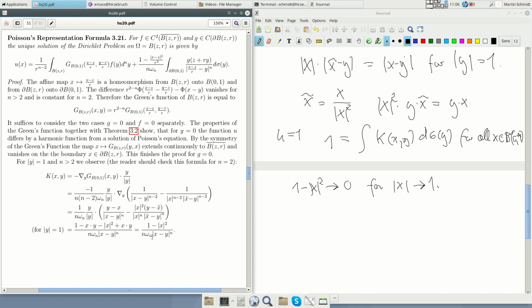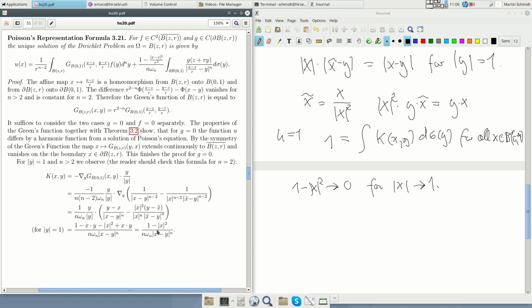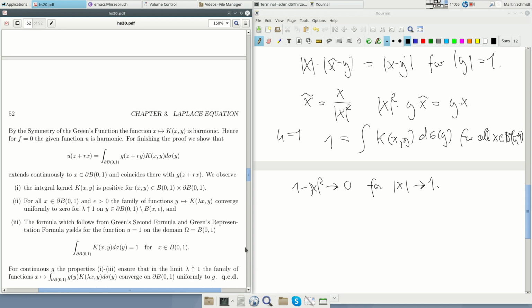We have to be careful, of course: this is bounded as long as x minus y is bounded away from 0. So we just assume that the two arguments lie in the complement of the epsilon ball of x, for all epsilon. If we go to this complement, then the bottom term is bounded from below, so 1 divided by it is bounded from above.